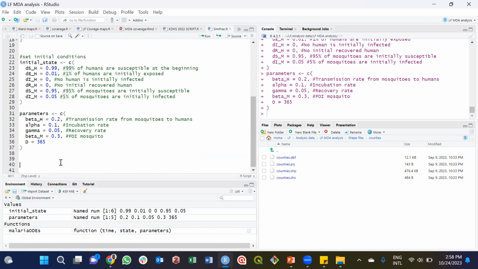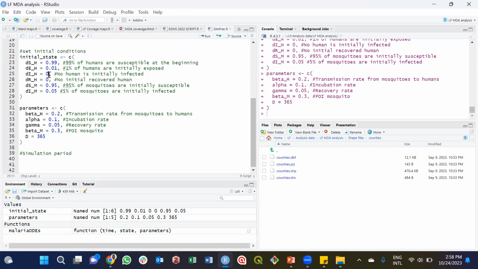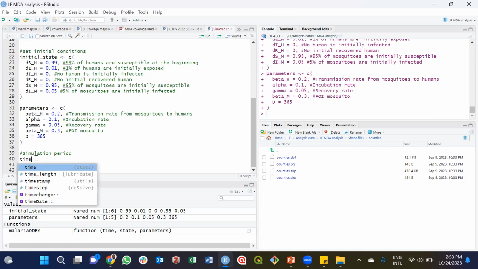Okay, now the next thing is to define the period time for the simulation. We want to simulate this disease. Remember, this is a naive population, but not really naive because we have 0.1%, but it's almost fully susceptible. So we want to simulate this for 1 year. How did we call that?